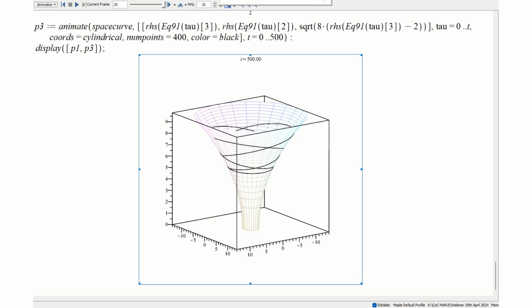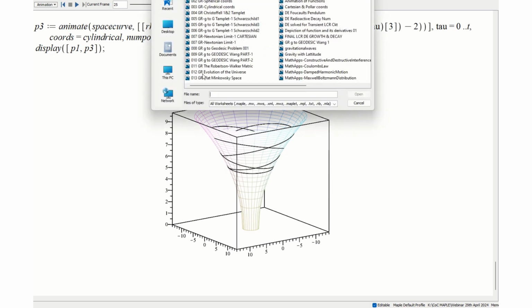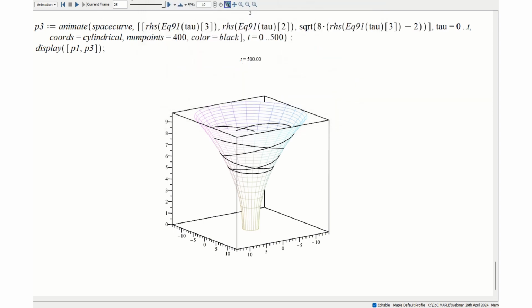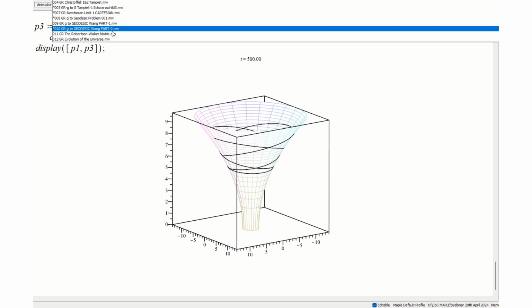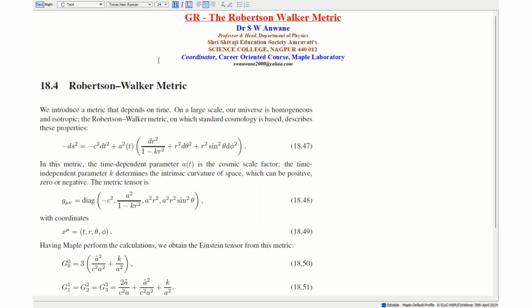But prior to using Maple for general relativity, I believe that you should be able to understand that relativity theory. Then I wanted to show you something more that includes the Robertson-Walker model.